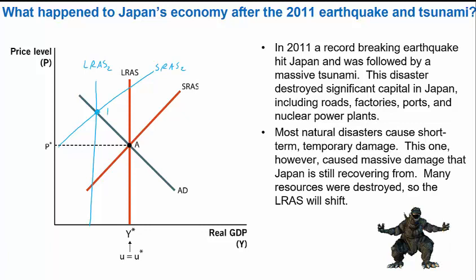And so now we are at point B. In Japan, they're facing a higher price level and less production. So this is their new natural rate of output because they've lost so much capital. Now as they rebuild and gain capital, all of this will go back to normal. But it still is a long-run situation because it's a long period of time for this to be affected.